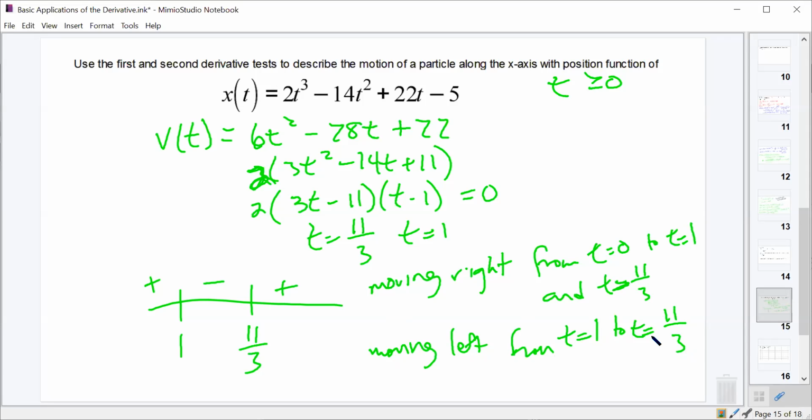Okay. Then we want to talk about acceleration also. Hold on one second. Nick, yeah, if you wrote an interval notation, that's fine. I'll send it.